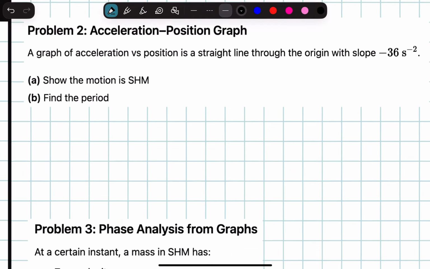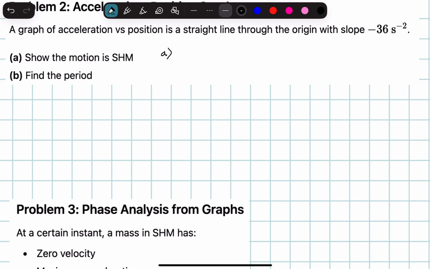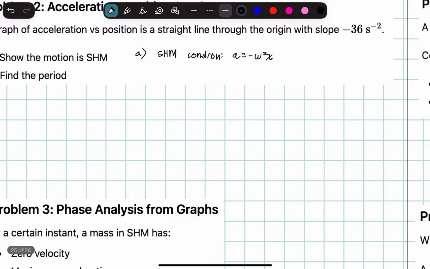Now, examining the acceleration position graph, a graph of acceleration versus position is a straight line through the origin with a slope of negative 36 seconds to the power of negative 2. Show that the motion is simple harmonic motion. So, the condition is the acceleration is equal to negative omega squared times x.